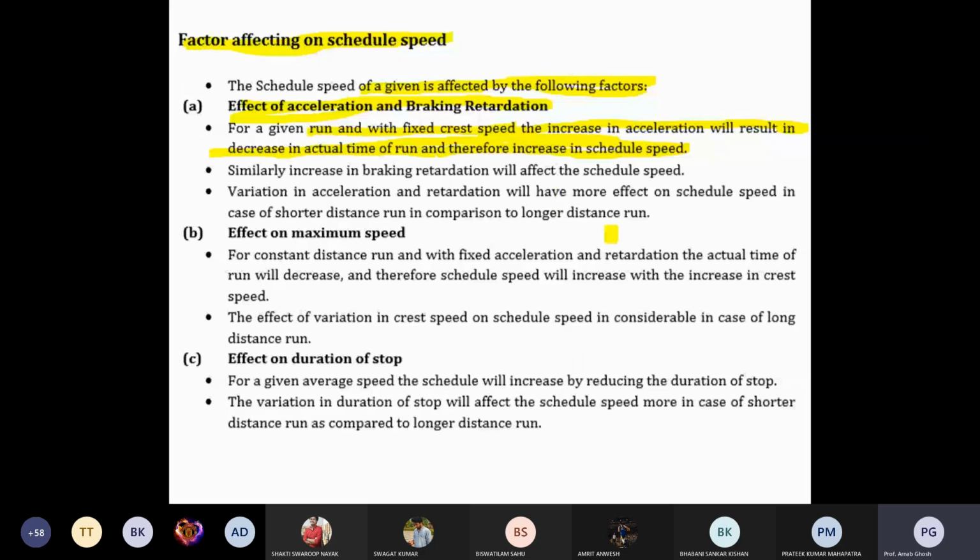Similarly, an increase of the braking retardation also affects the schedule speed. Braking retardation means deceleration time.